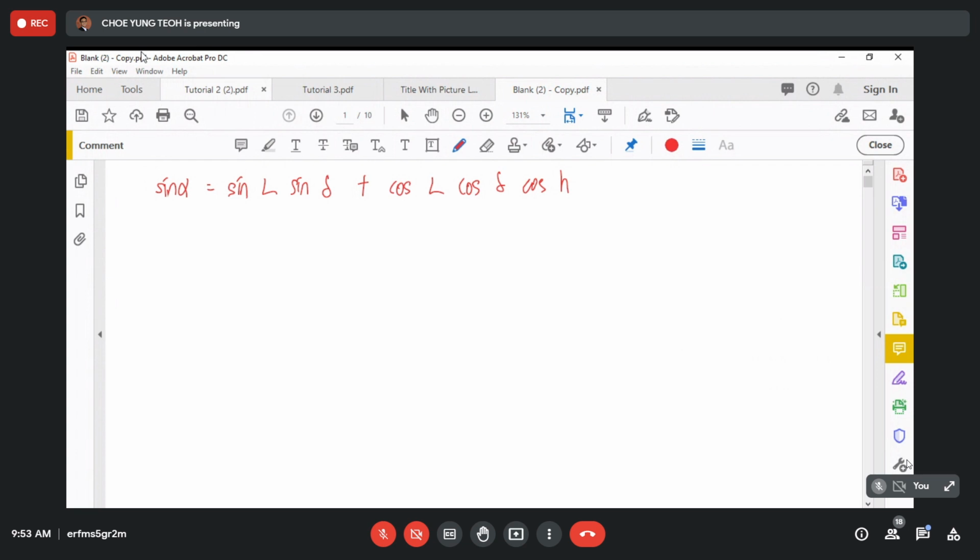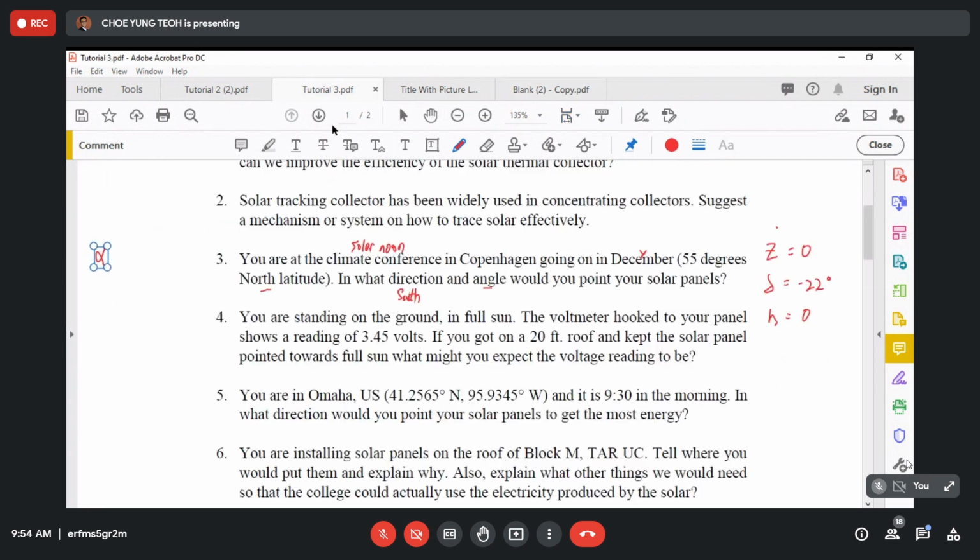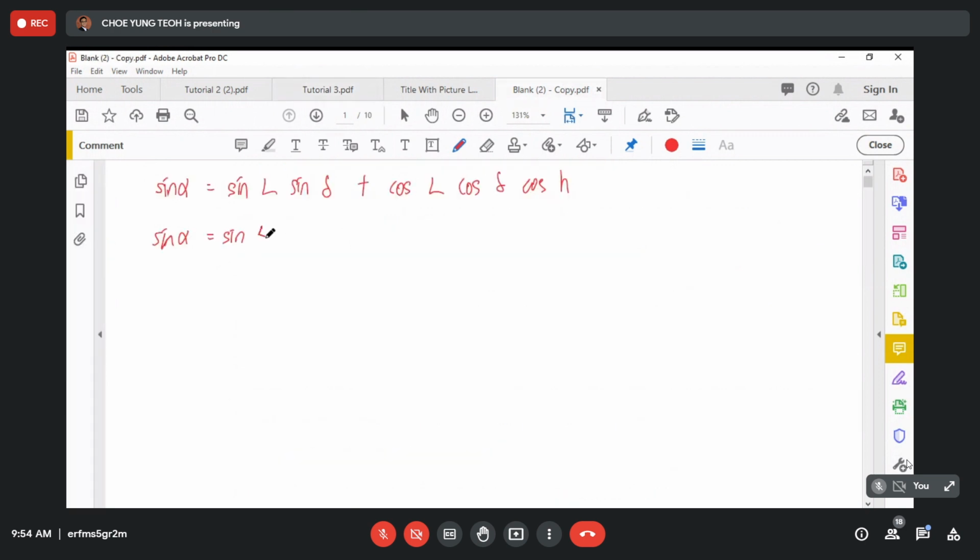That's why the tutorial question comes this way: it gives you a brief idea, and then you have to find your own assumptions. Latitude is given as 55 degrees north, so 55 is positive.